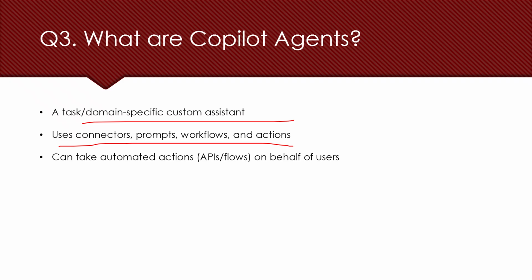Agents are defined in Copilot Studio using connectors, prompts, workflows, and actions. A well-designed agent can take automated actions using APIs or flows on behalf of users. So the agent can go and create or open a ticket for the user.